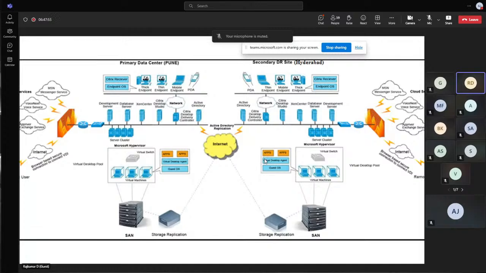My entire organization was sitting in Pune, for which I have a disaster recovery in Hyderabad. Storage replication is not right or wrong. It depends on the need: statewide, citywide, and countrywide. Accordingly, we need to build a DR. So is it okay to build like this, or not?